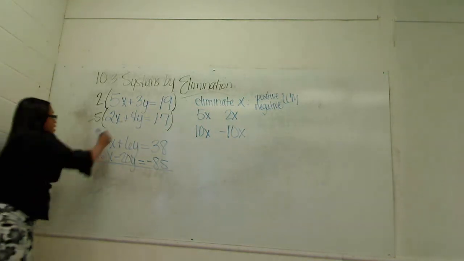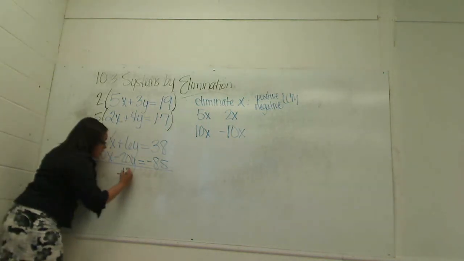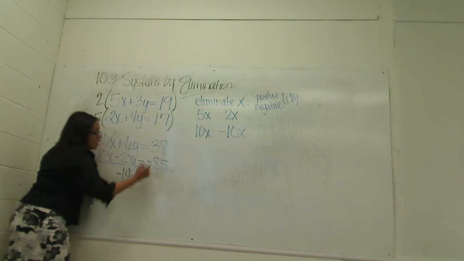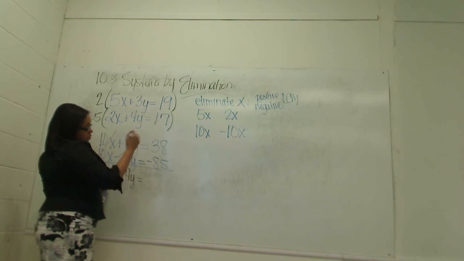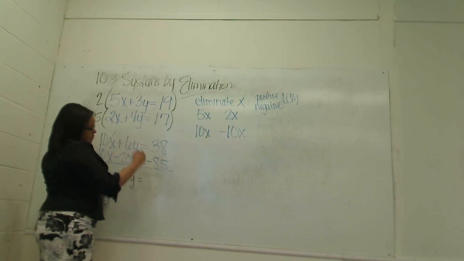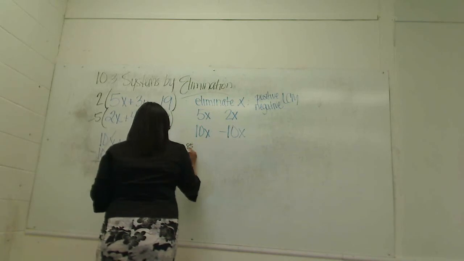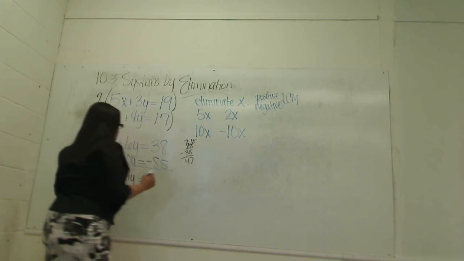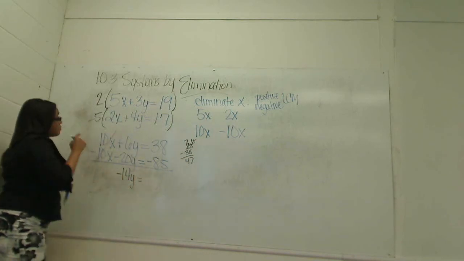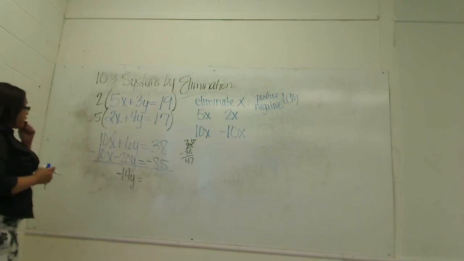My x's have canceled. 6y minus 20y is negative 14y. 38 minus 85 is negative 47. Let me check this out, because I could make a mistake.